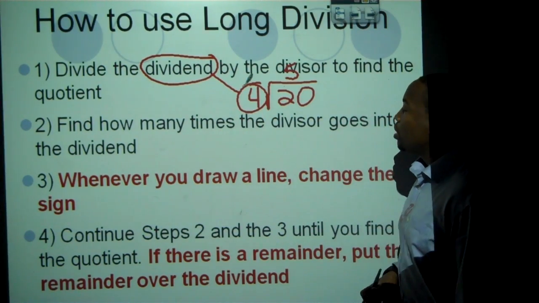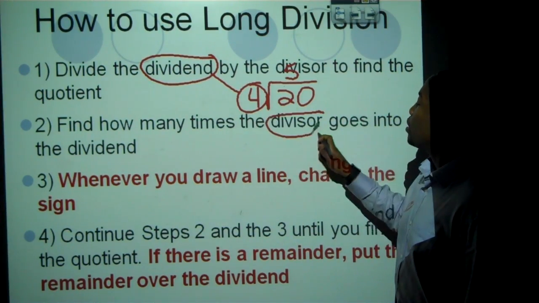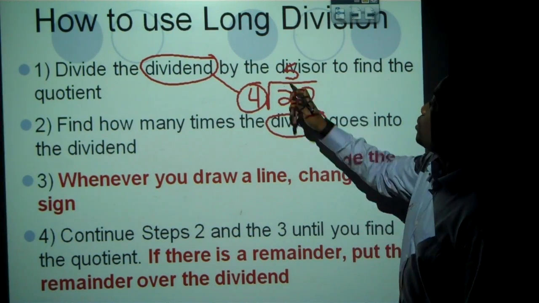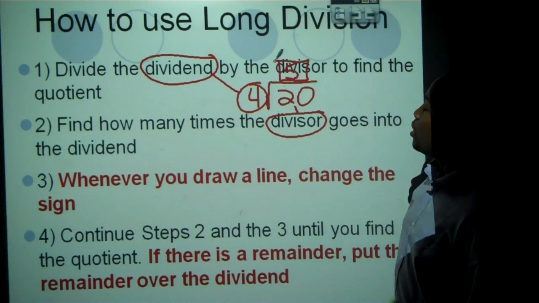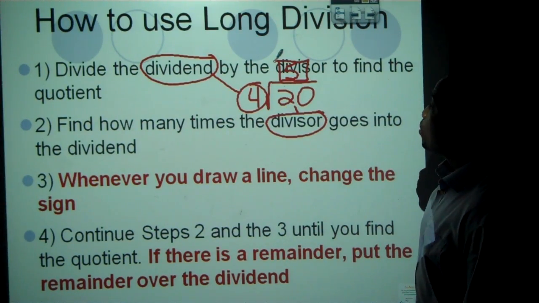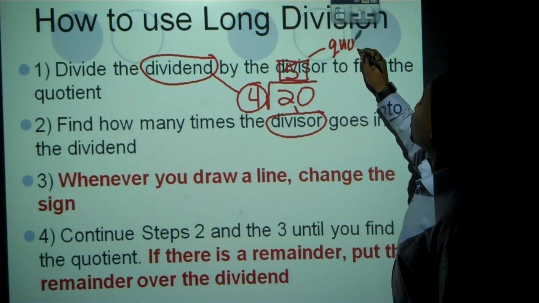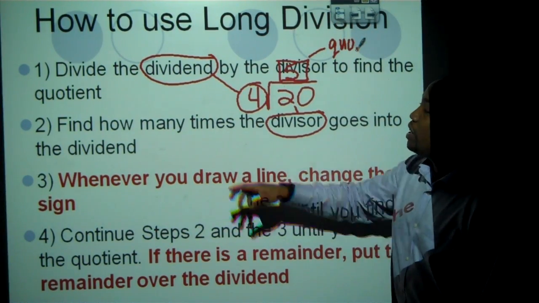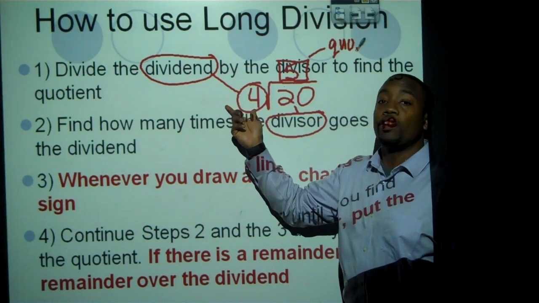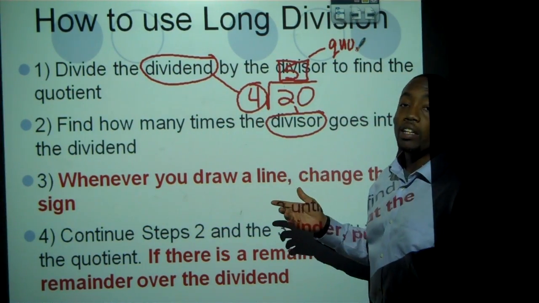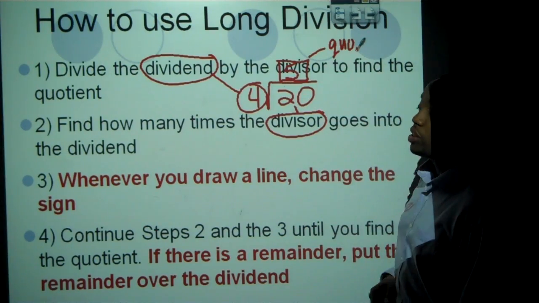My divisor is 20. And my answer is going to be my quotient. So my dividend is what's on the outside I'm dividing by. The divisor is what I'm actually dividing. And my answer is the quotient.